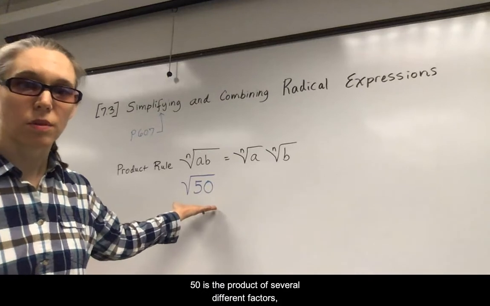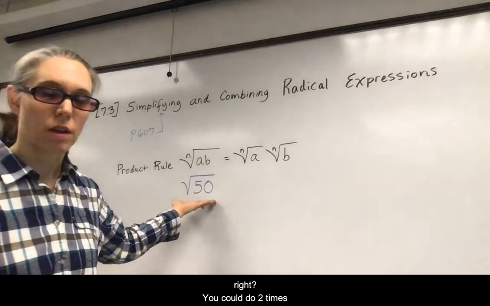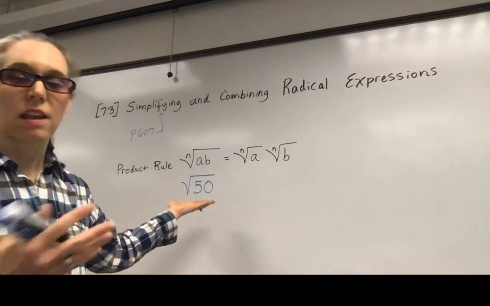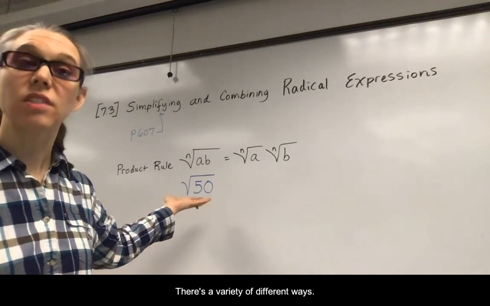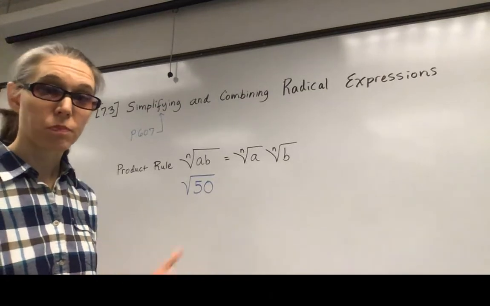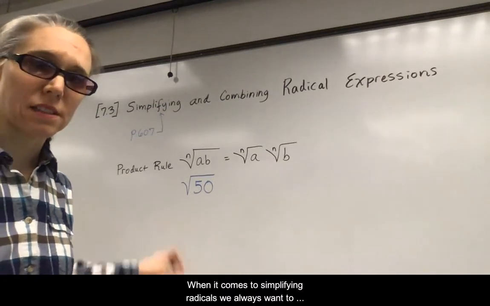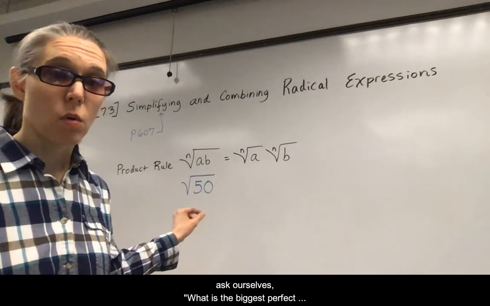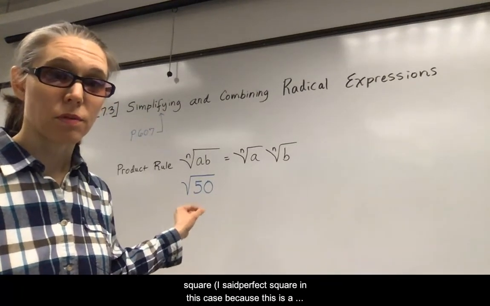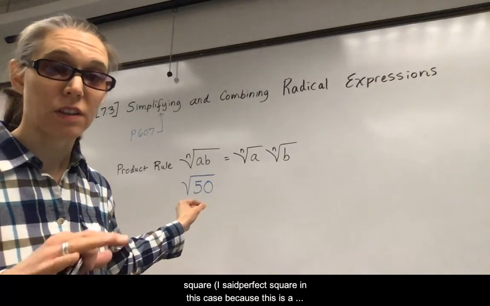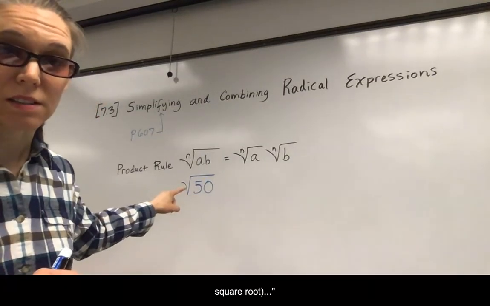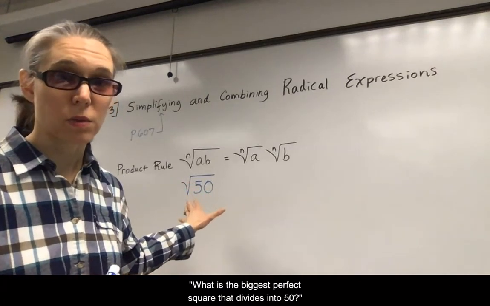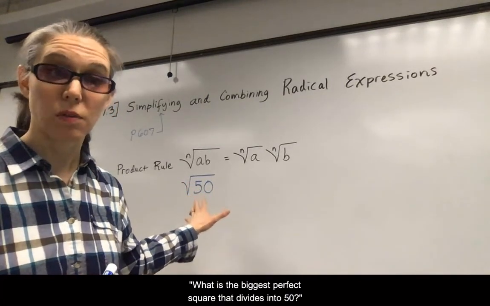Well, 50 is the product of several different factors, right? You could do 2 and 25, 5 and 10. There's a variety of different ways to split up 50. But when it comes to simplifying radicals, we always want to ask ourselves, what is the biggest perfect square? I said perfect square in this case because this is a square root. What is the biggest perfect square that divides into 50?